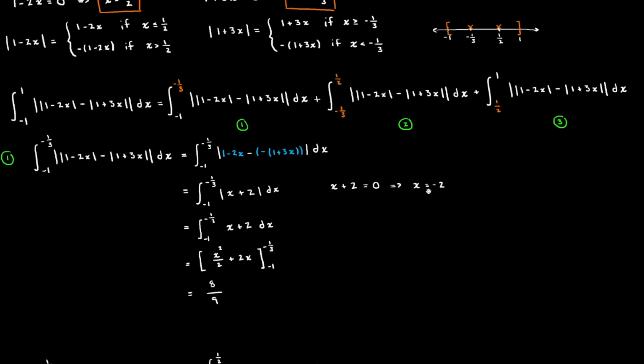And what happens when we're to the right of -2? Well, we are going to be positive, right? Pick any number bigger than -2, like for example -1, and you'll get a positive result. So that means I can simply drop the absolute value, right? As long as x is on the interval from -1 to -1/3, the term x plus 2 is always going to be non-negative. So we just drop the absolute values. We have a simple polynomial which we can integrate using the power rule, and you'll get 8/9.